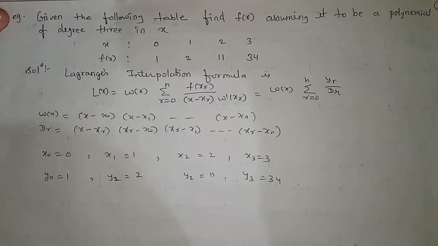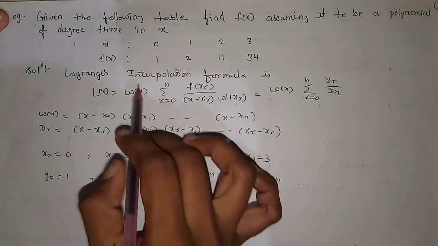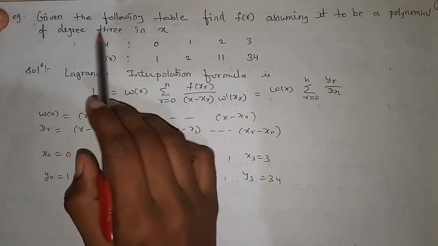So we can use Lagrange's interpolation formula even if our arguments are equally spaced, but we can't apply the formulas for equally spaced arguments to unequally spaced argument based questions. So here we will use Lagrange's interpolation formula.